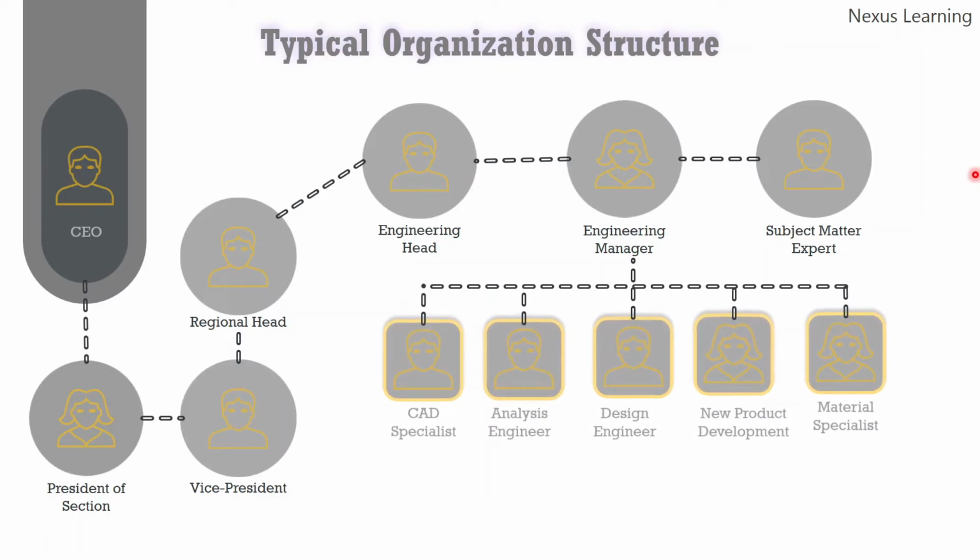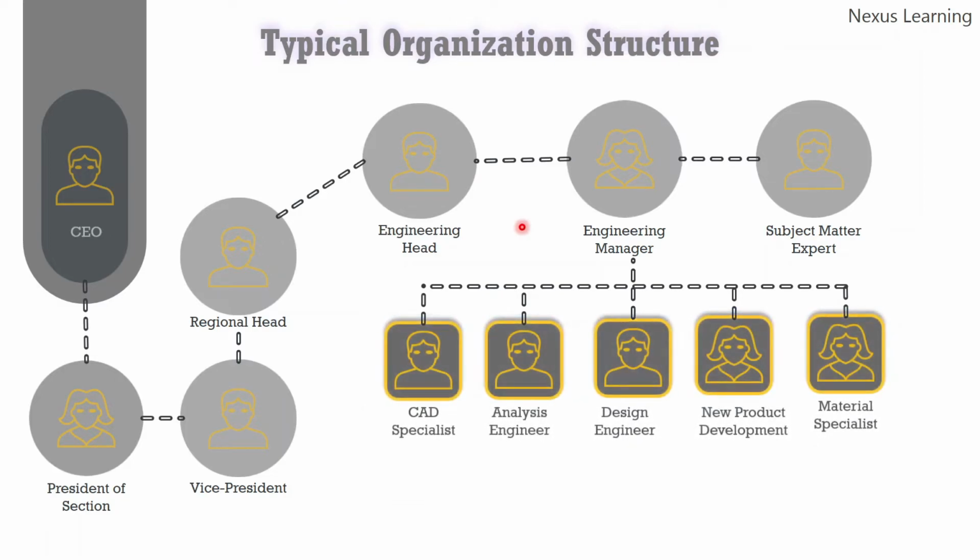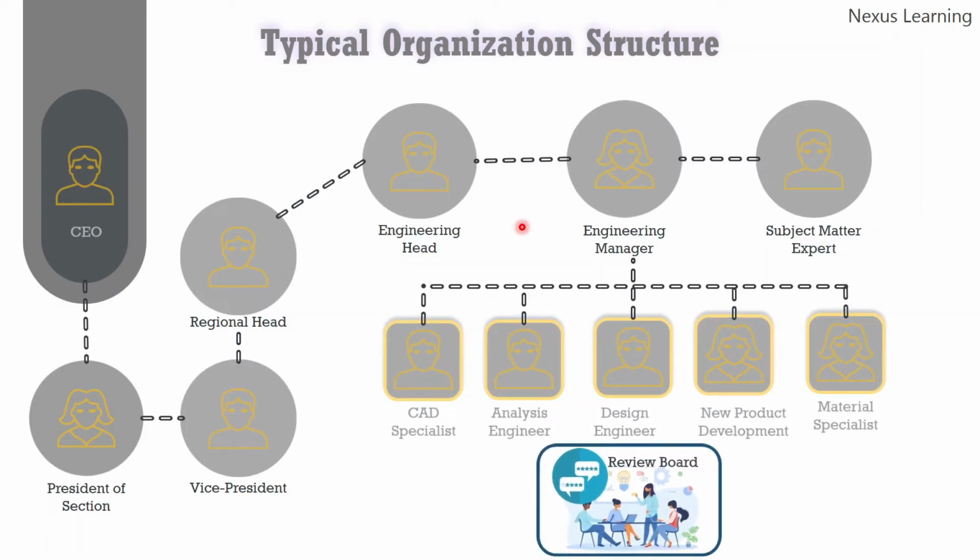The roles are not restricted to these designations only; to just give an overview, I have put certain names. Among these people, some may be part of the review board. That's how the structure of a typical organization will look.